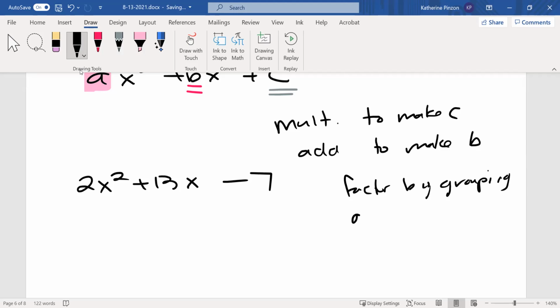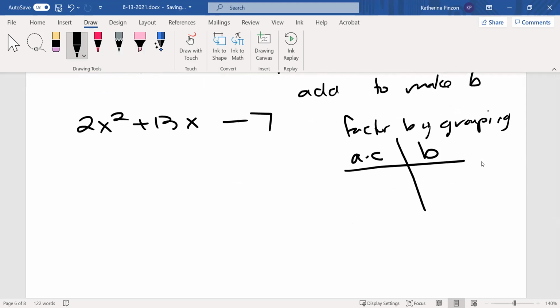So it says take A times C and then try to find pairs of numbers that multiply to A times C and add to B. So A times C is 2 times -7, which is -14. So I'm looking for two numbers that multiply to make -14 and add to make 13. 14 and -1.